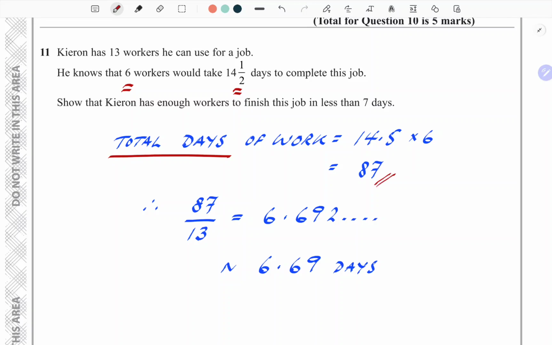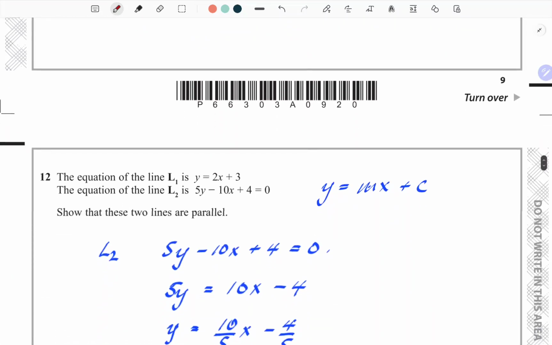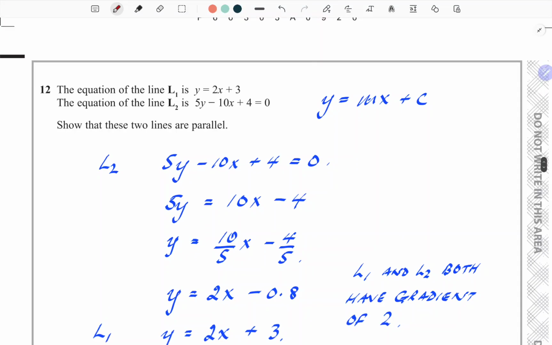If he then spreads the 87 days worth of work across 13 workers, 87 divided by 13, the number of days required, therefore, is 6.692, etc., which effectively comes to 6.69 days. So we've demonstrated that it's less than 7 days. Okay. Number 12.